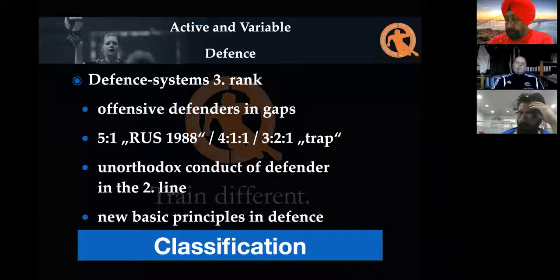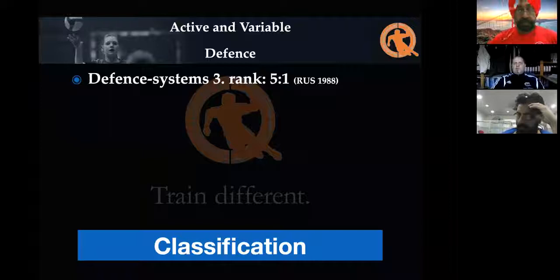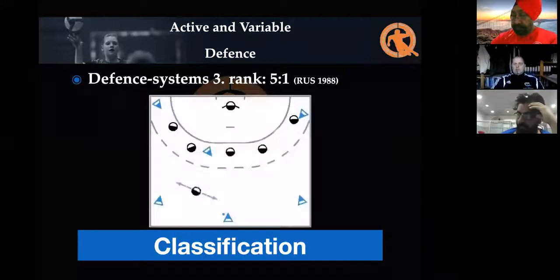And we have a little bit new basic principles in defense for those defense systems of third rank. So let's go into detail and see what is special in those types of defense. The first one is the 5-1 from Russia, 1988. This was a defense system which at this moment was really new to the world of handball.